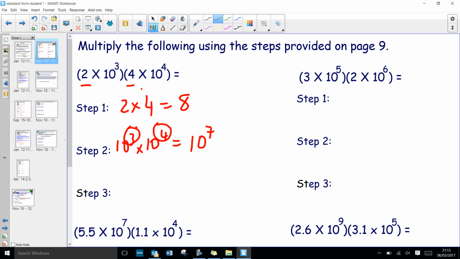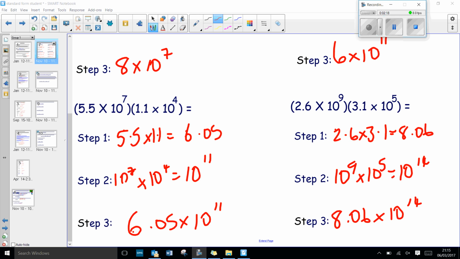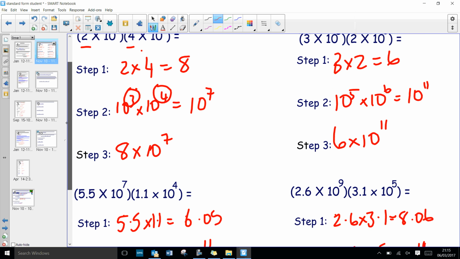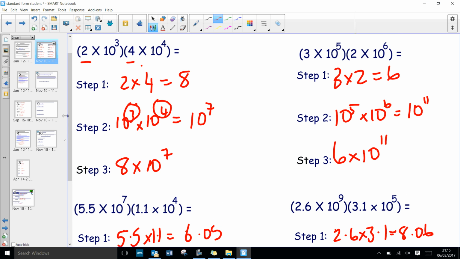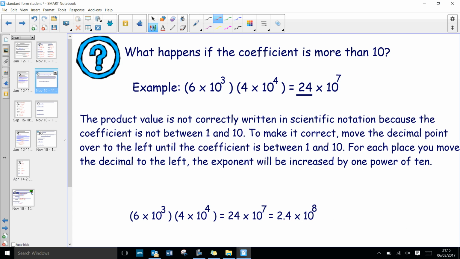So our final answer is 8 multiplied by 10 to the 7. You can pause the video, check that you have the correct answers for the others. Okay, so these are our answers. And on to the next page.